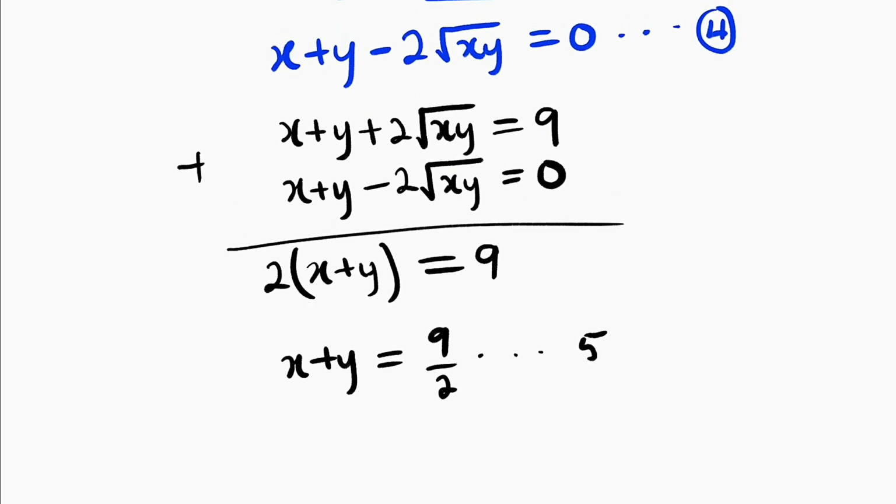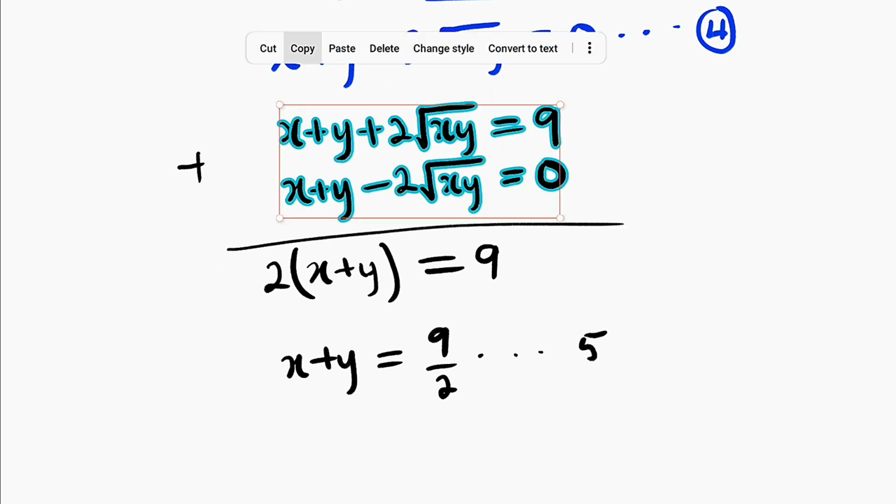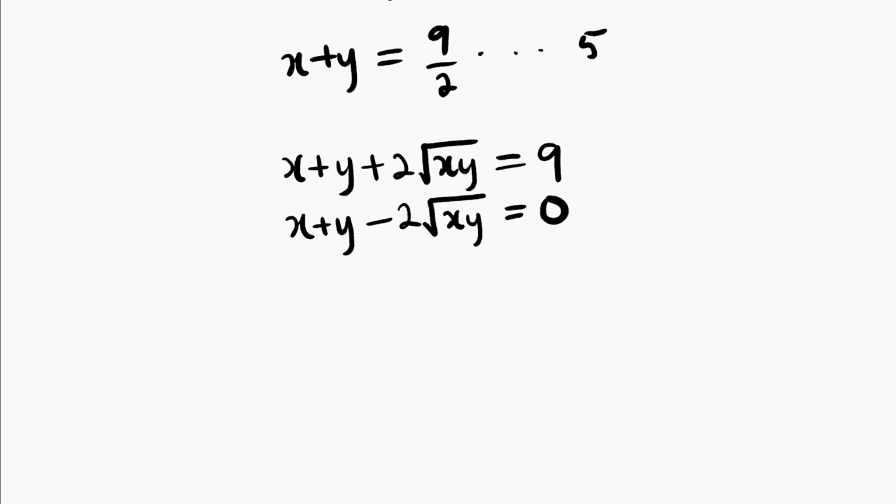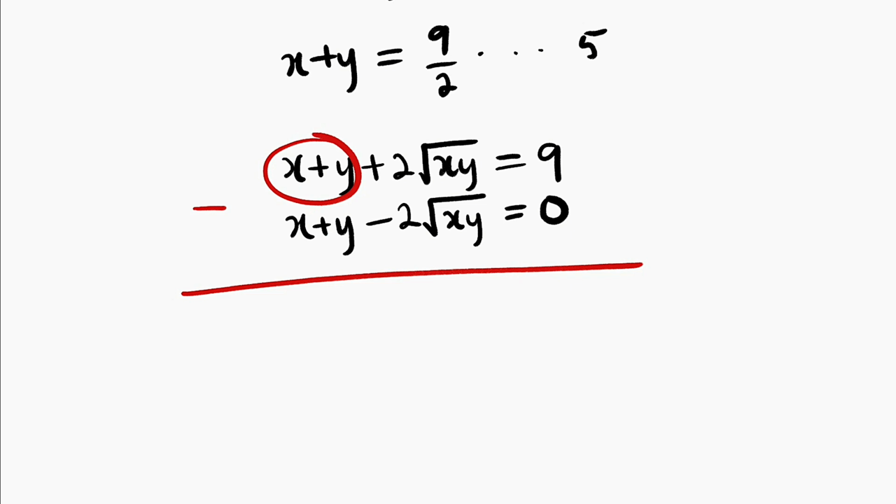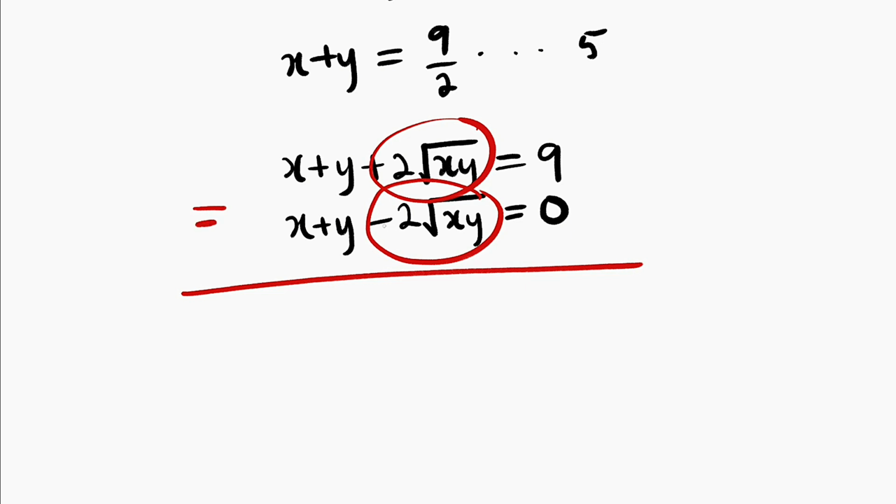Now what we need to do next is to also subtract these two equations. So let me just copy them. So now if we subtract, you can see that these terms will go automatically, and the middle terms, if subtracted, that negative sign will turn this one to positive.